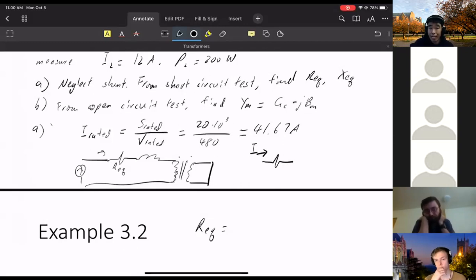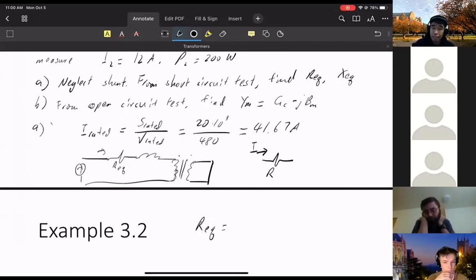I know the current magnitude, but I don't know the current phase. Can I know the power drawn by this resistor? From the rated current, we know its magnitude. The phase, we don't quite know yet because we have a complex impedance.